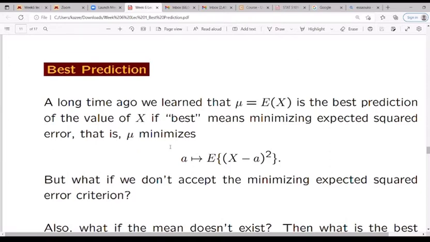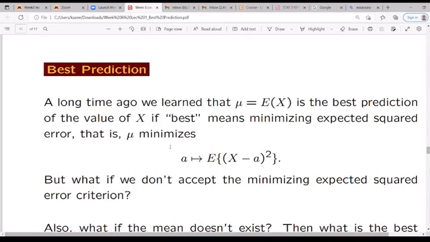So I'm going to tell you whether the best prediction is to use the mean or the median. I think it actually depends on the kind of measure that we adopt. I'm going to say that again. Using the mean as a best prediction or the median as a prediction depends on the criteria that we're using.